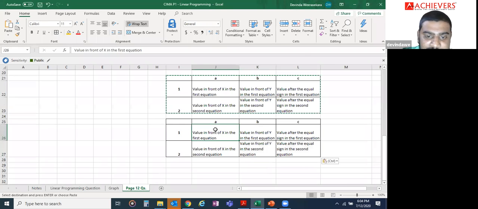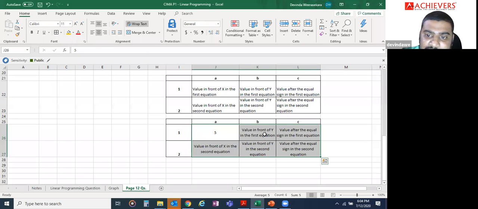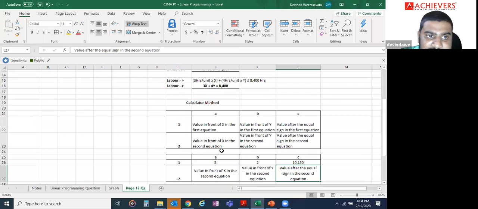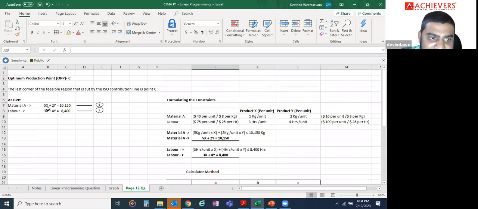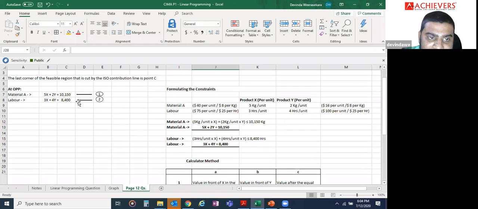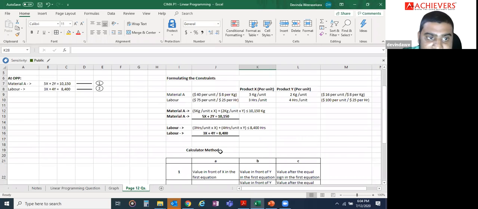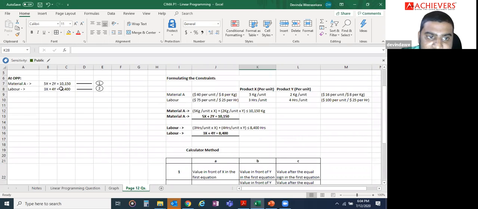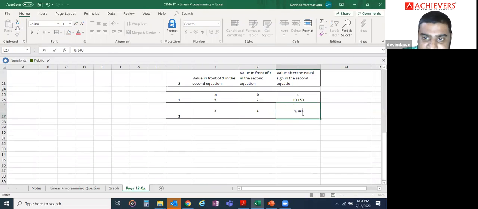Now let's put in the value. A1 is 5. B1 is 2. C1 is 10,150. A2 is how much, guys? 3. Right? Value in front of X in the second equation. Then B2, value in front of Y in the second equation, 4. Then C2, value after the equal sign in the second equation, 8,400.